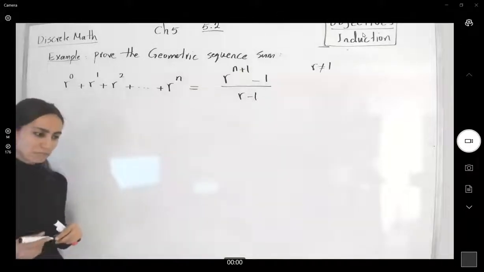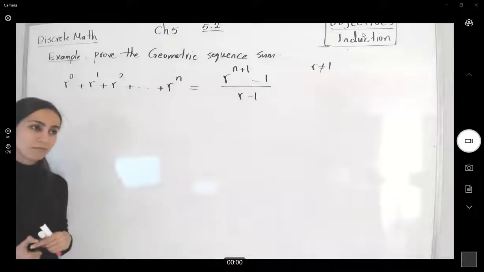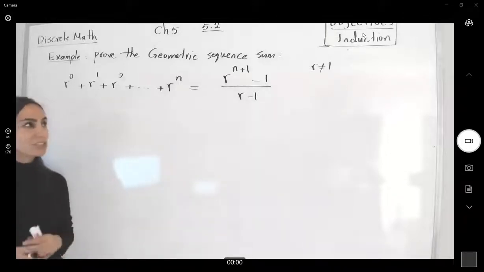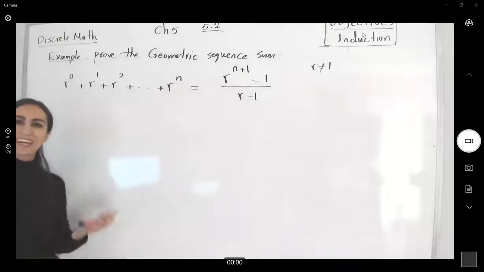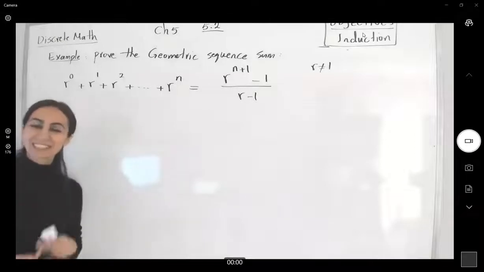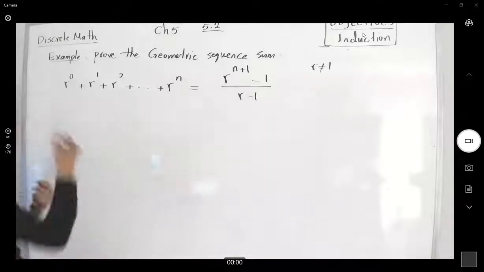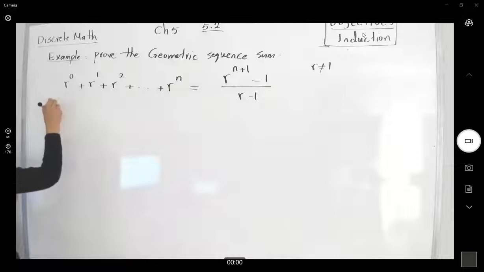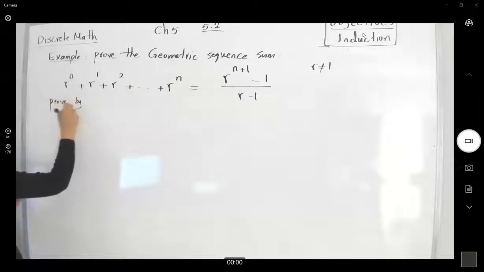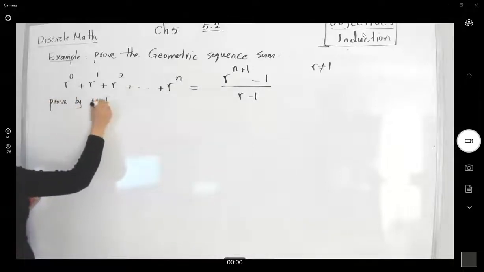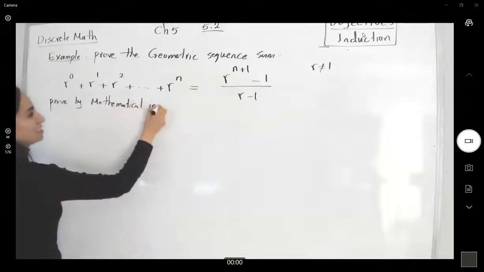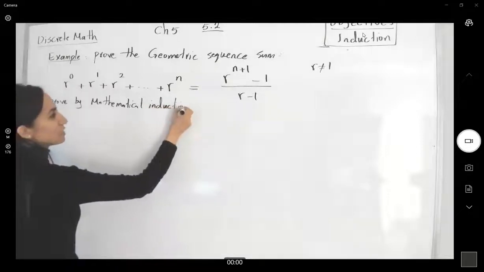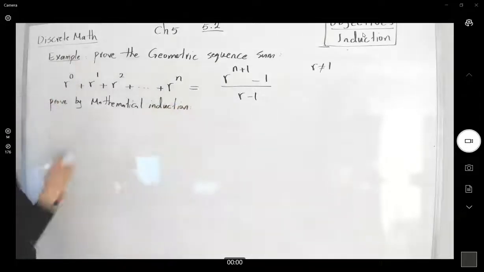Well, prove by contradiction, prove by contraposition, direct definition, induction. Well, we just learned some new techniques. Let us use them. Prove by mathematical induction. So remember that in mathematical induction, you have a statement.